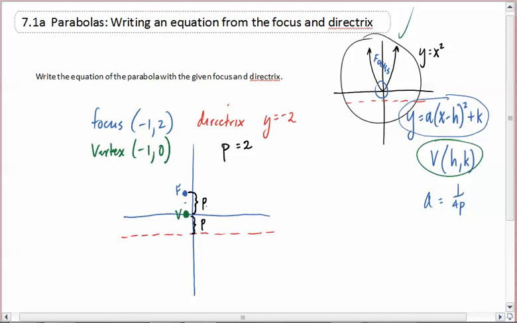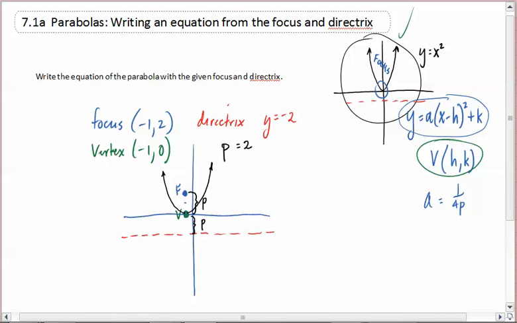And if you think about it, this parabola has to be opening up because my focus is above it. The parabola can't be opening down. They didn't tell us anything about the opening, so we just have to look at the way that the vertex, focus and directrix are oriented.